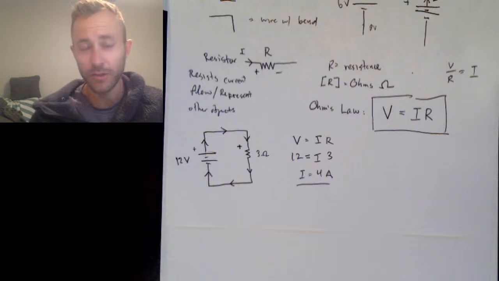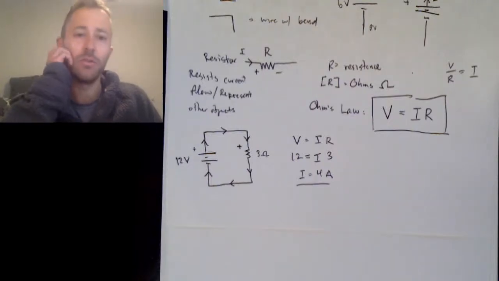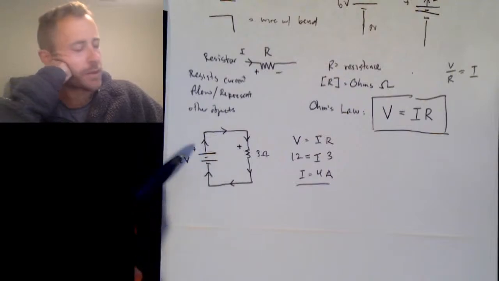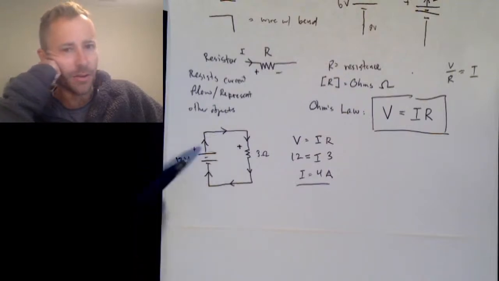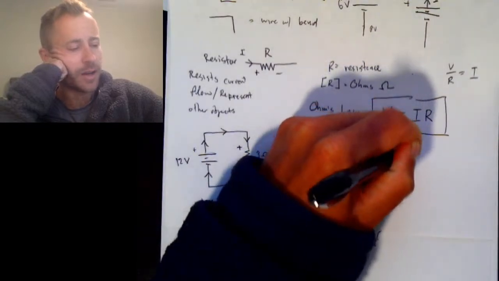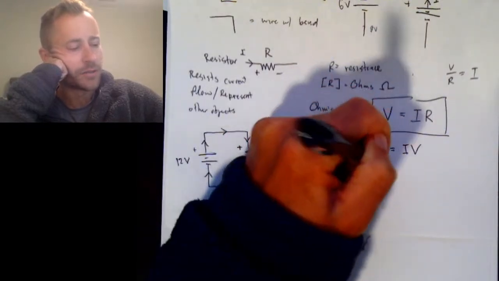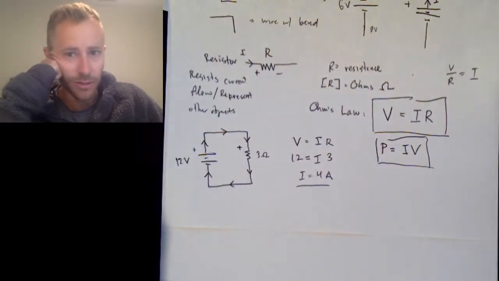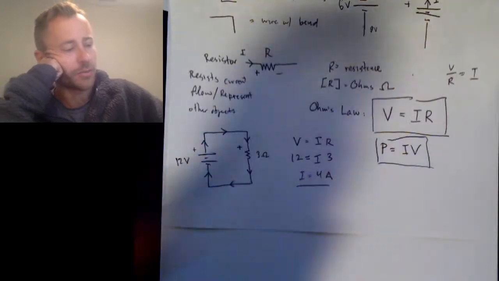There's also a nice equation that allows us to calculate the power output of the battery, and that equation is P equals I times V. So the rate at which the battery is putting energy into the circuit is current times voltage.